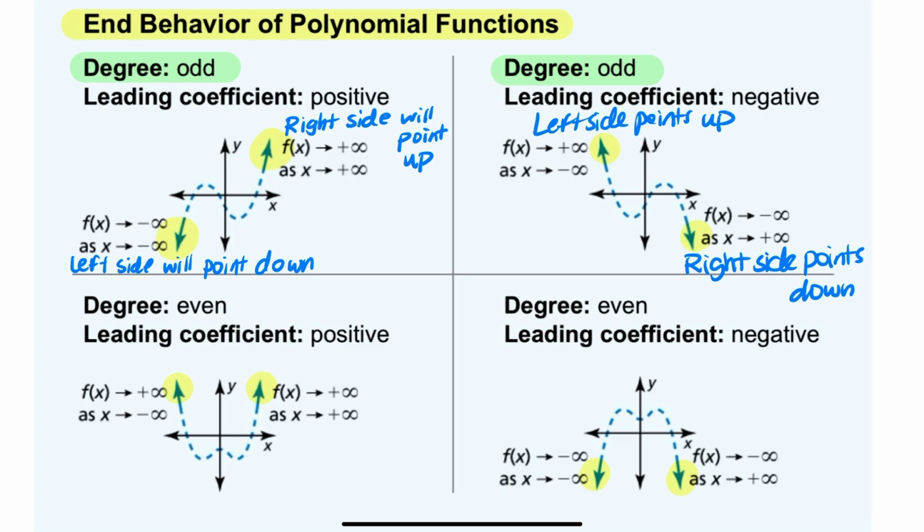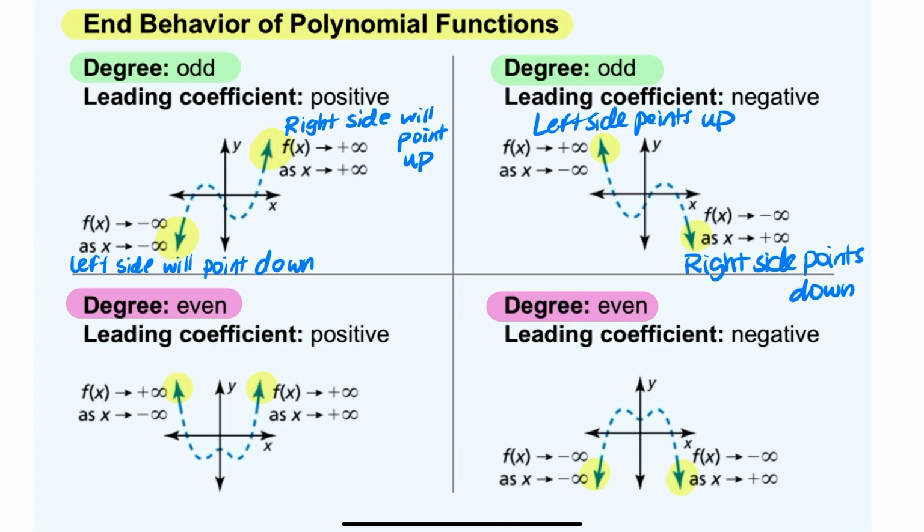All right, at the bottom here, you will have even degree functions. Even degree functions, their left and right side, or their endpoints, their y values, are either going to both decrease or both increase. That is how the end behavior will behave. So if the degree of the function is even, both sides will both increase or both sides will both decrease.